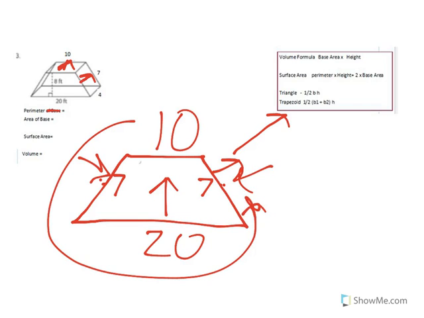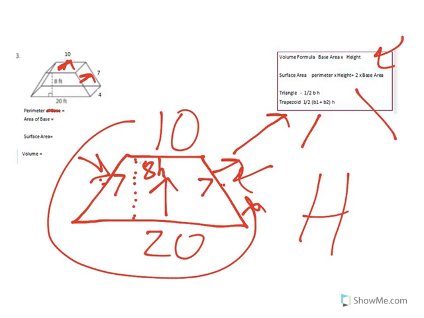Now for the height of my shape, it's that dotted line inside of the shape. So my 8 is my h, and the height of my shape itself, which I'm going to use for my volume and my surface area, is the only number that I have left, which is 4.